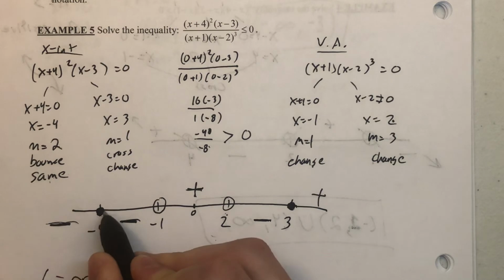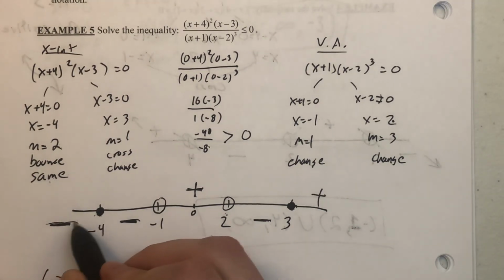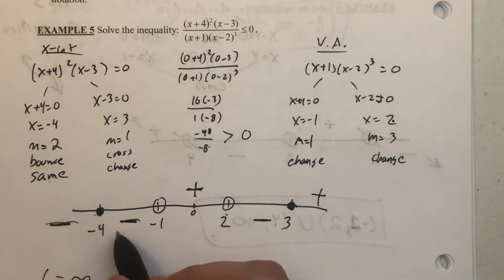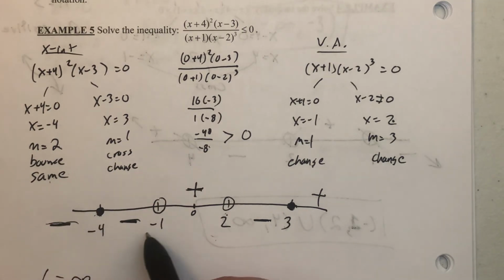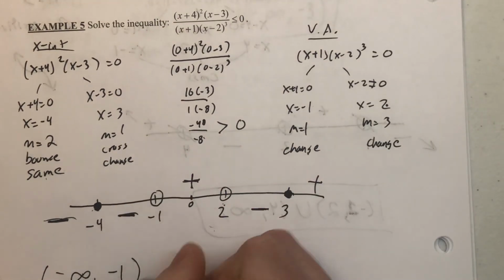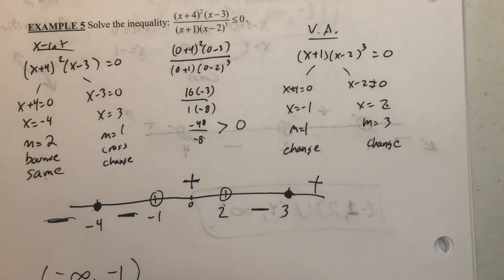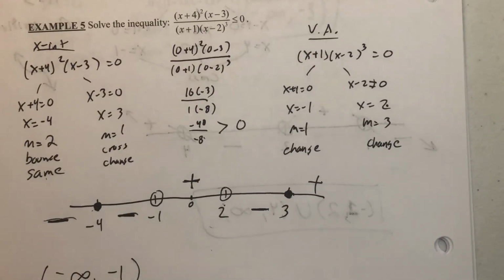We hit this -4 and then bounce back down. So similar to the last problem, we want to include this, and we don't really stop. We just say it's negative, it's 0, okay, it's negative again. Not until we get to the -1 do we say, okay, now we're going to stop, because that's where it stops being negative, past this asymptote, now it's positive. So that describes all of that interval.